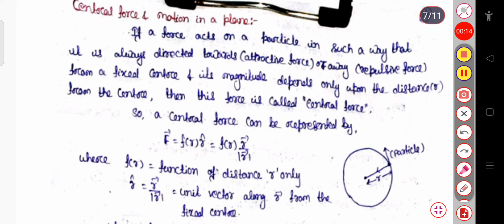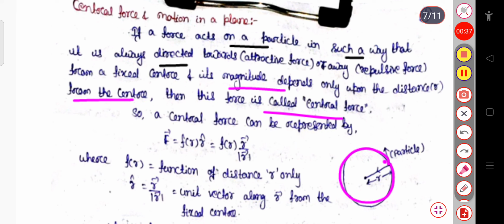If a force acts on a particle in such a way that it is always directed towards or away from a fixed center and its magnitude depends only on the distance from the center, then that force is called the central force. Let us consider a particle P on the circumference of a circle.